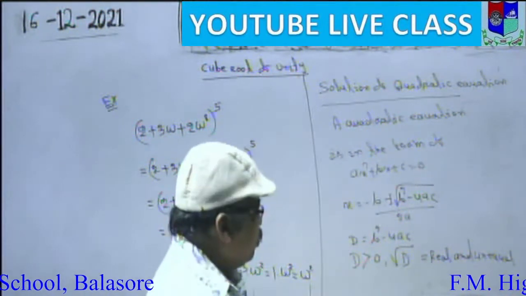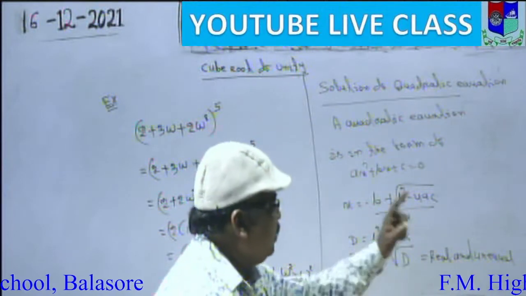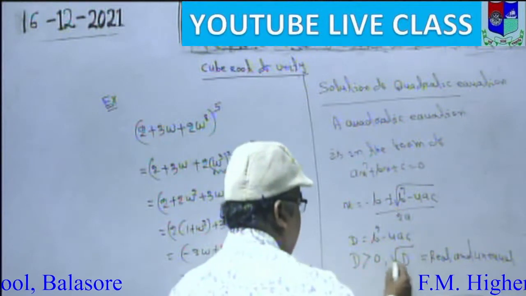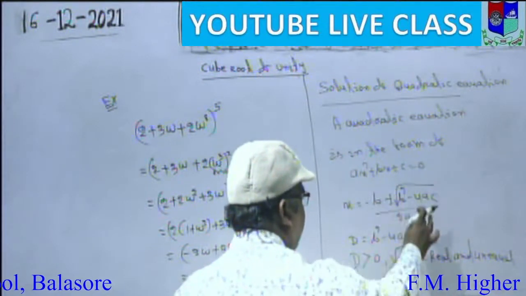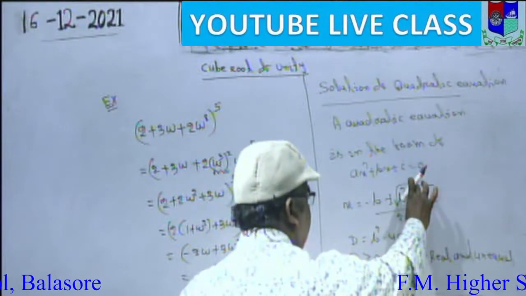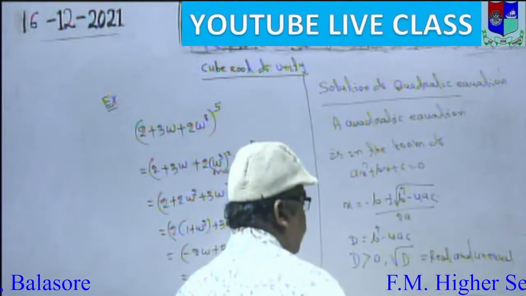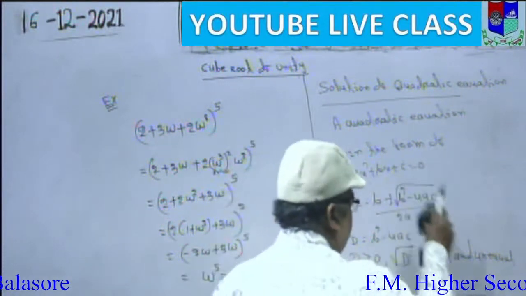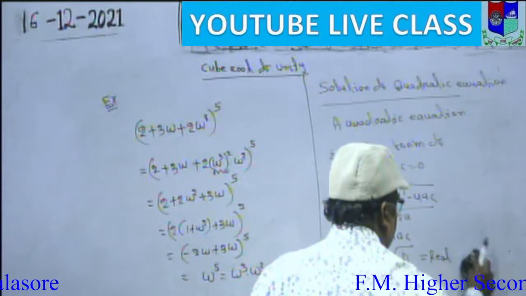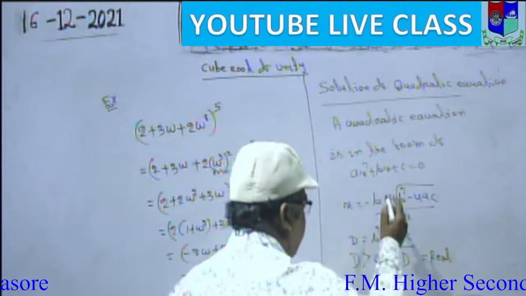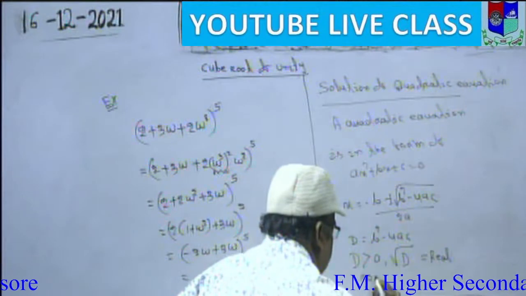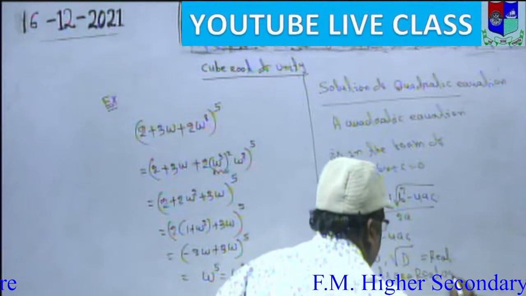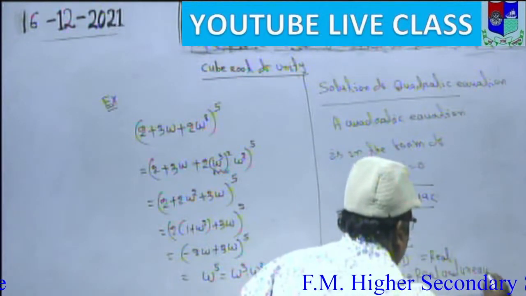Previously we know the square root of a positive number is real. So the roots are real and unequal.